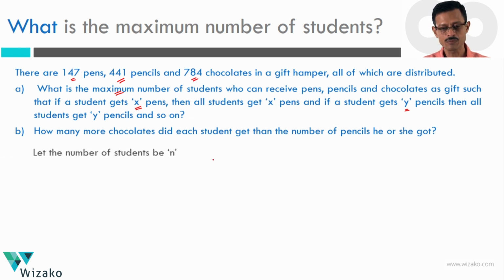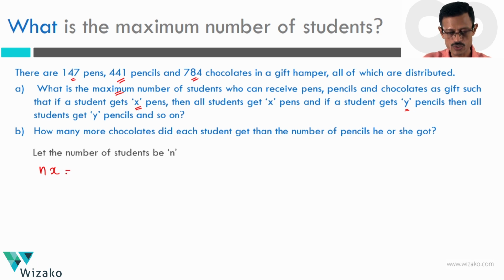Let's assign the number of students, which is what we're trying to find out, to be n. Now, we have n students in the class. Each student gets X pens. Let's say there are 5 students in the class. Each one gets 7 pens. Then the number of pens distributed will be 5 into 7, which is equal to 35. In this case, n students, each one gets X pens.